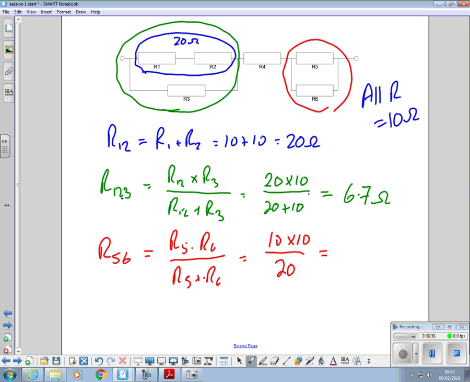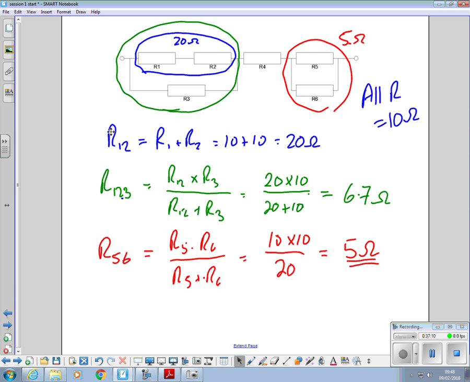I was just waiting to see whether anybody said that. You immediately know that because there's two 10s in parallel, so that's 5, half it. So that's 5 ohms. This middle bit we know is 10 ohms, and that bit over there is worth 6.7 ohms.